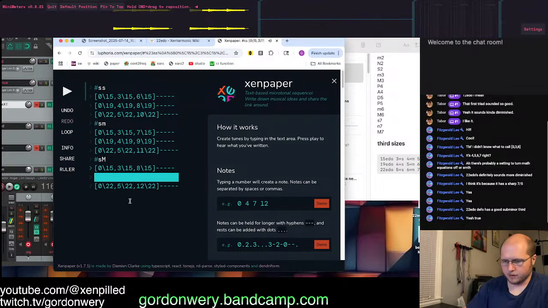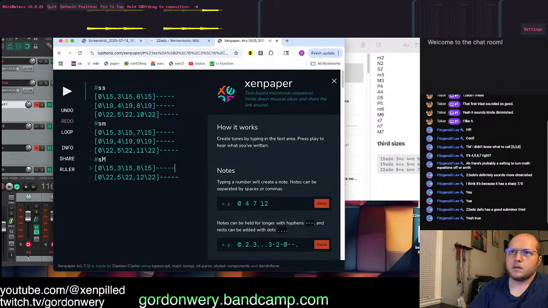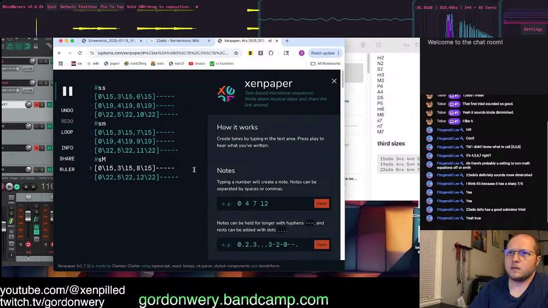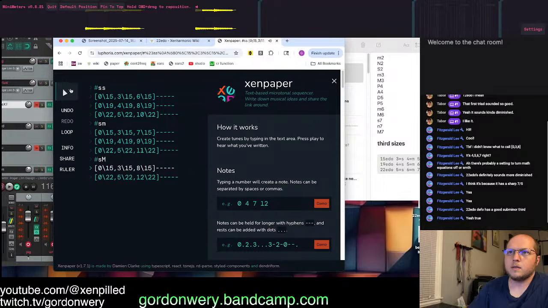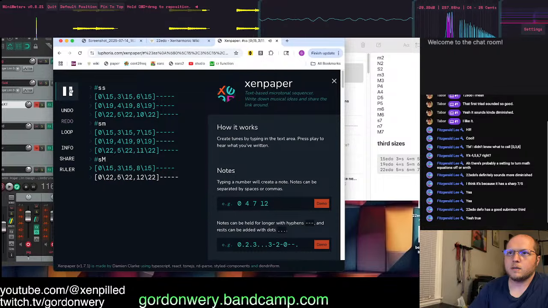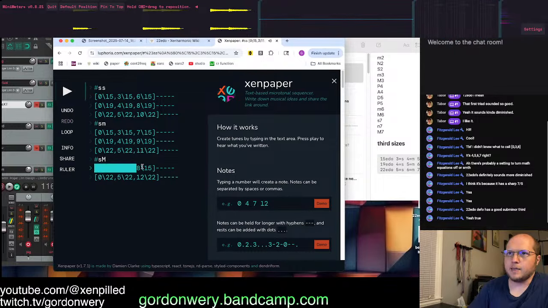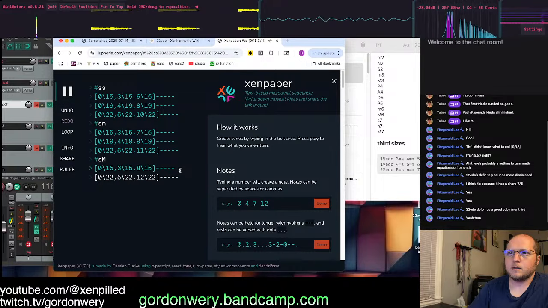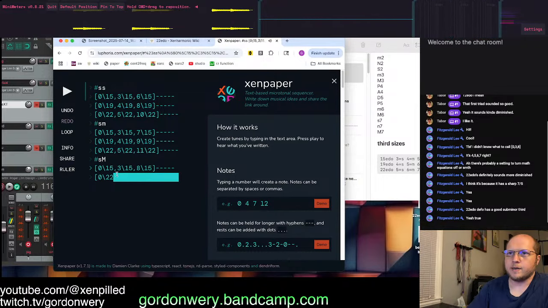I really want to compare these two. Interesting. I feel like these sound pretty similar. I mean, this is obviously a brighter version of this, but these feel like the same chord quality. You know what I mean?